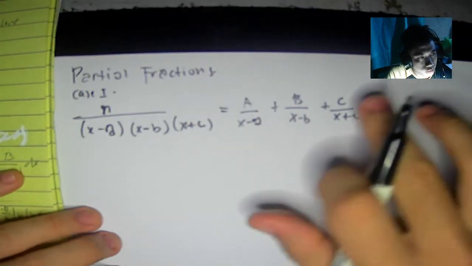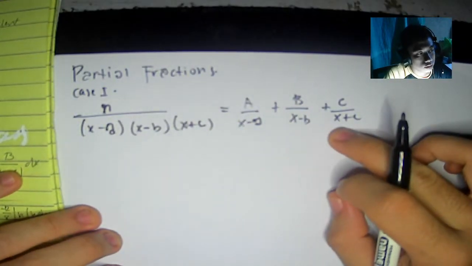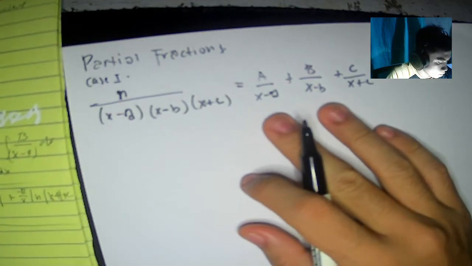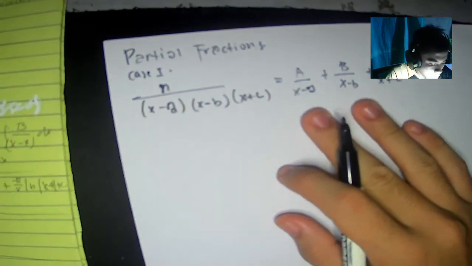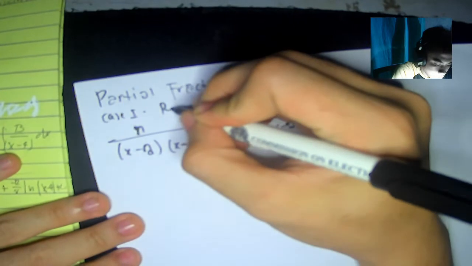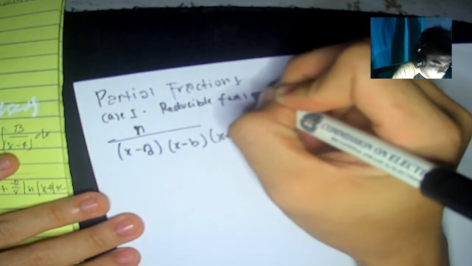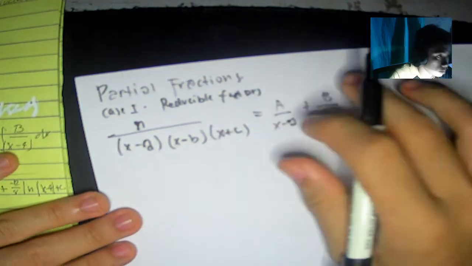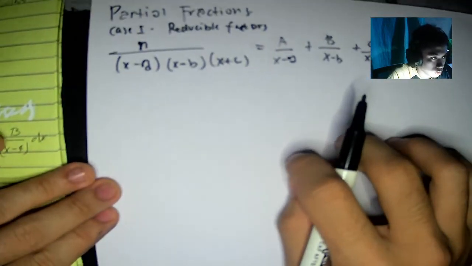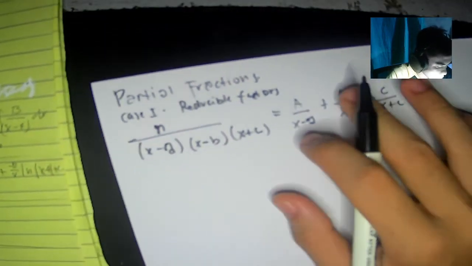So in the first case, we're going to use this formula, and case 1 is called reducible factors. So how could we use this?